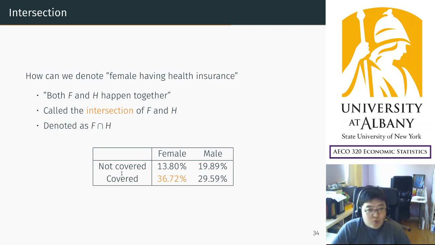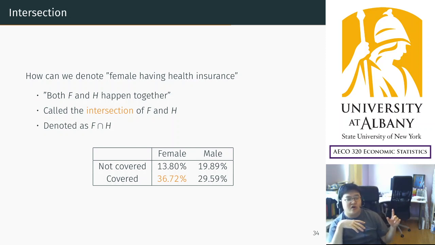Similarly, we can think about a new event connected by and. Previously, two events were connected by or, but in this case, we are connecting them by and. When you choose a random person, you are interested in the event that the person is female and has health insurance. So two things have to happen at the same time. That's the definition of this event. Both F and H happen together at the same time.